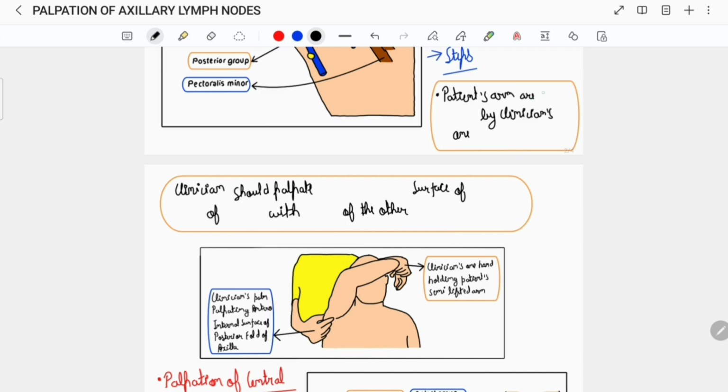The patient's arms are semi-lifted by the clinician's one hand, and then the clinician should palpate the antero-internal surface of the posterior fold of the axilla with the palm of the other hand, as you can see in the diagram below.